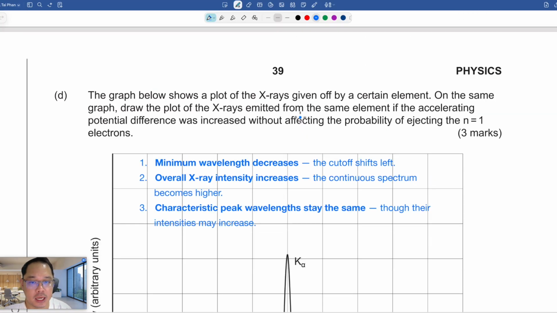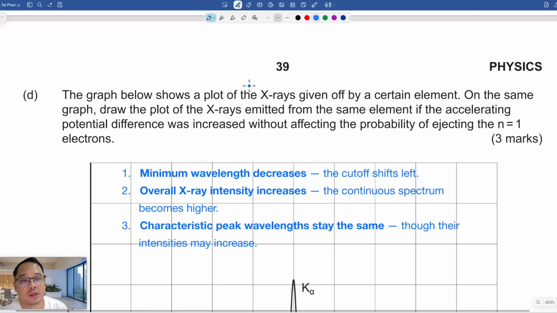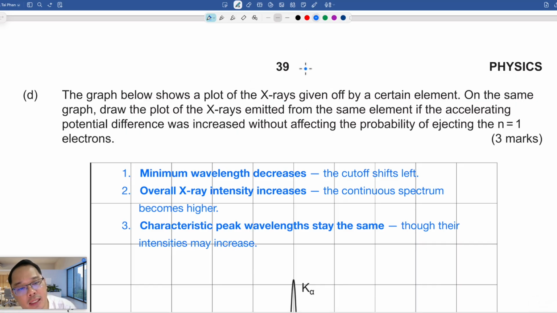We know that the kinetic energy of the incident electron, Ke, is determined by the accelerating potential difference, and the formula is the potential difference V multiplied by the charge of the electron. So when we increase the potential difference V, the kinetic energy of the incident electrons increases as well.